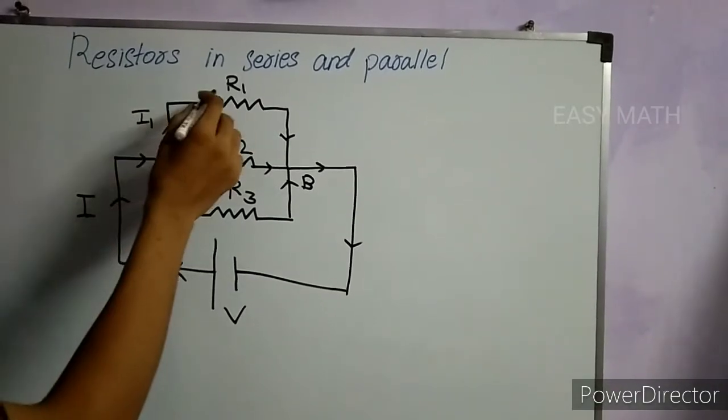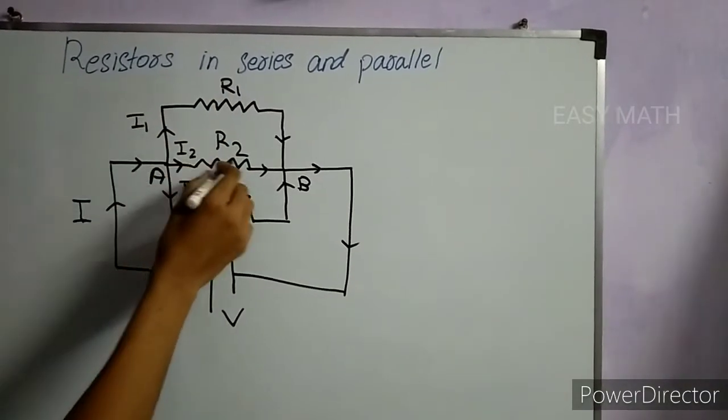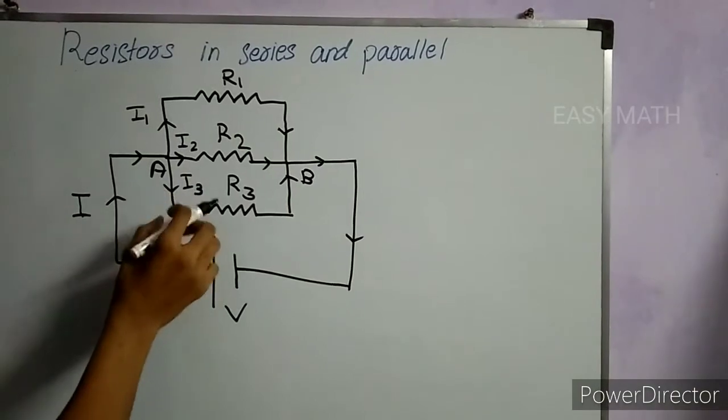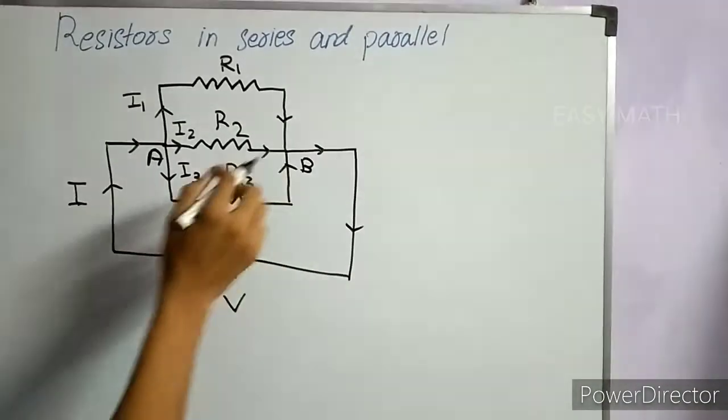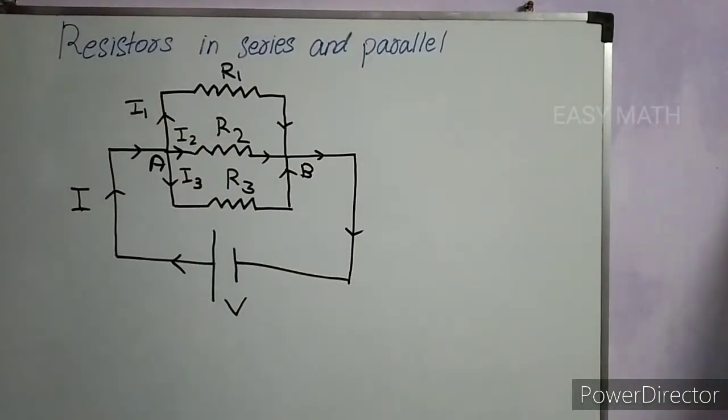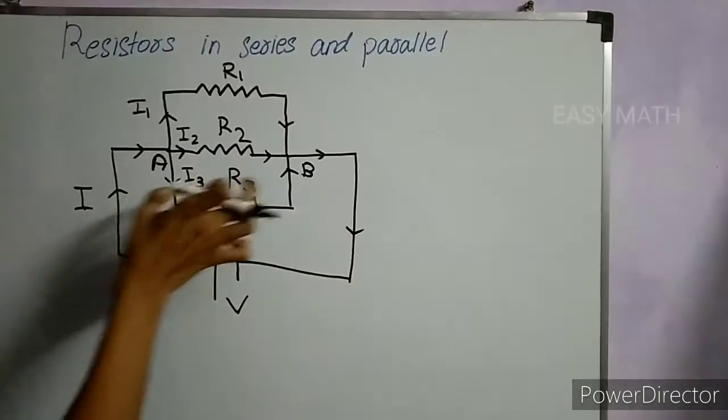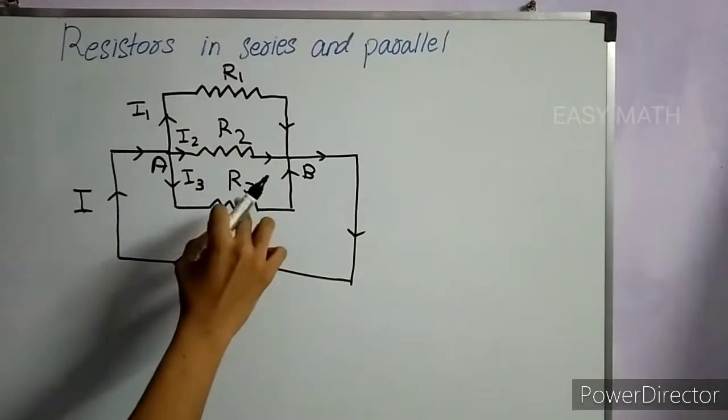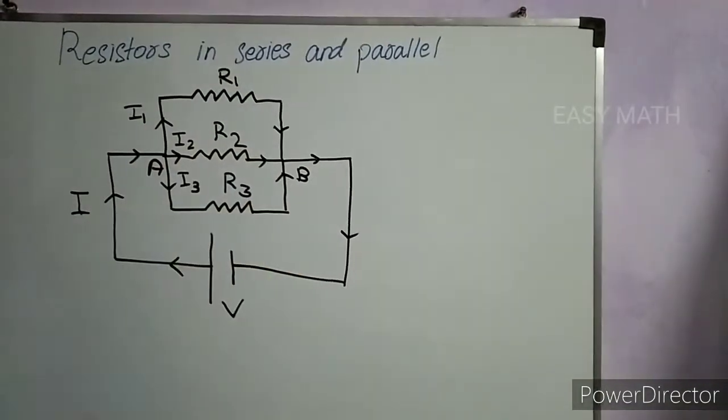I1 flows through resistor R1, I2 flows through R2 and I3 flows through R3. A and B are the common points for the three resistors.